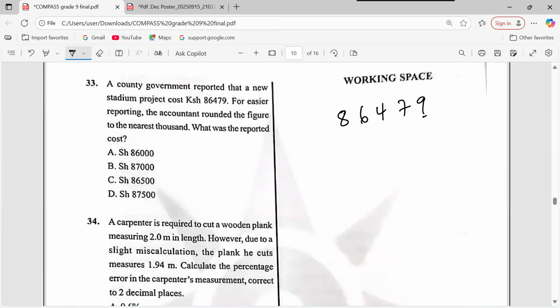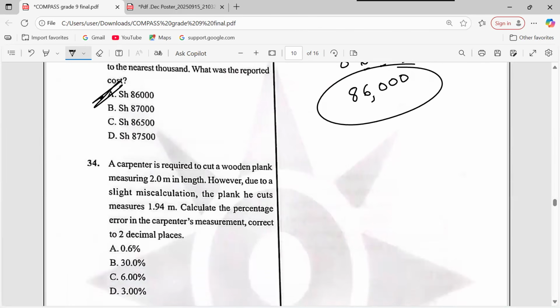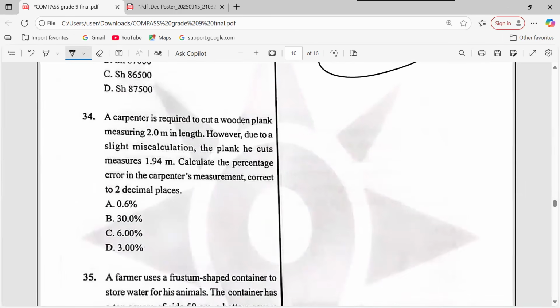Nearest thousand. Ones, tens, hundreds, thousands. 6 is the digit in the thousands position. Then we ask ourselves, the previous digit, is it able to increase 6 or not? It's a 4, which is below 5, and hence cannot increase. Therefore, we shall talk about 86,000 being the right answer. So A is the right choice in that case.